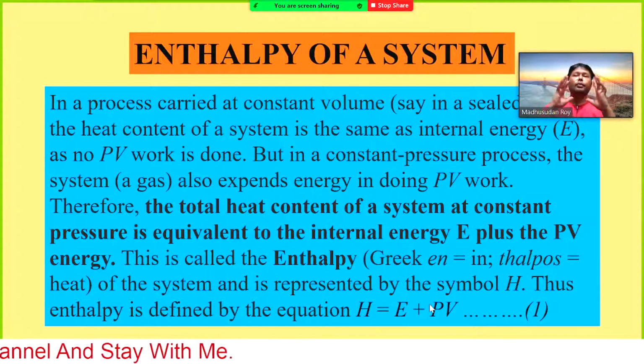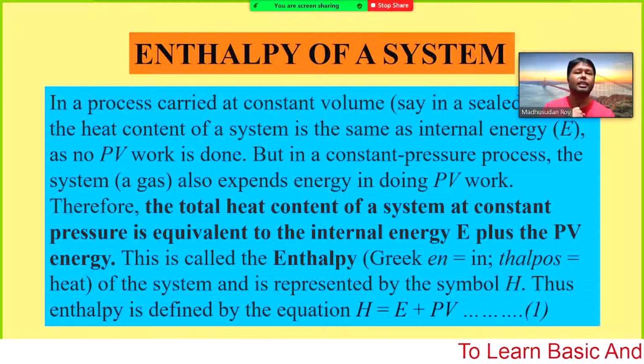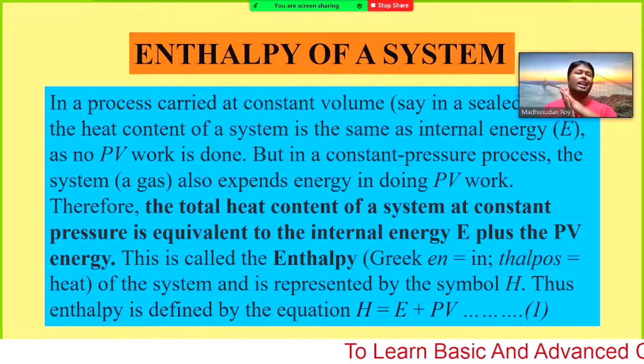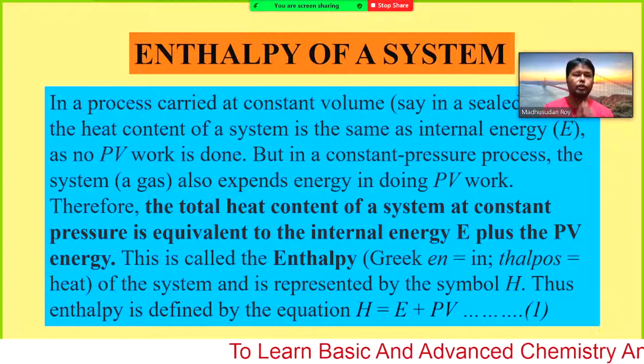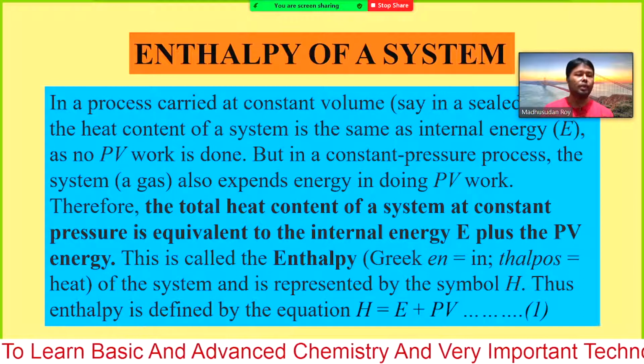That means if you have a system which works at constant pressure, and you supply some energy, the pressure will remain constant, so the system can increase or decrease the volume to perform some work.